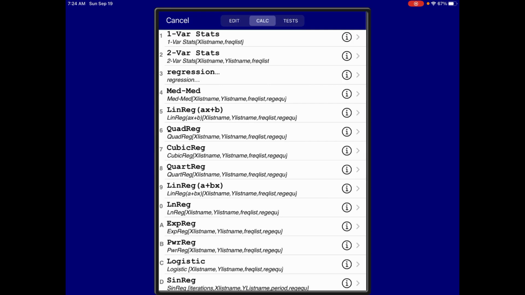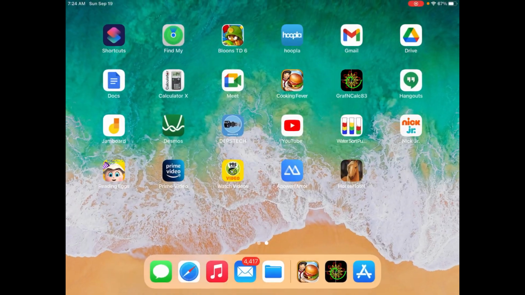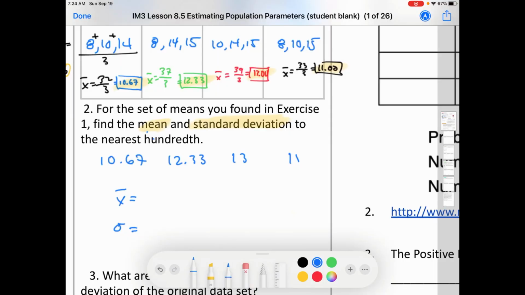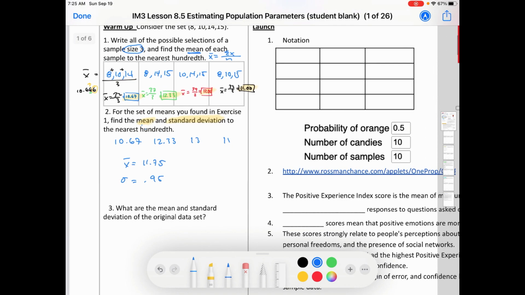Stat, calc, one of our stats, and press enter. There, my average is 11.75, and my standard deviation is 0.95. Oops, this one should have been a sample. Okay, so those are our answers.